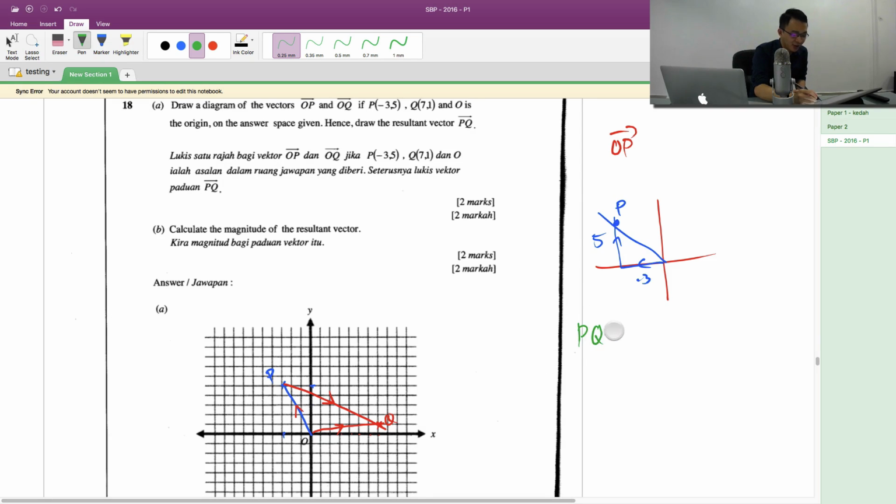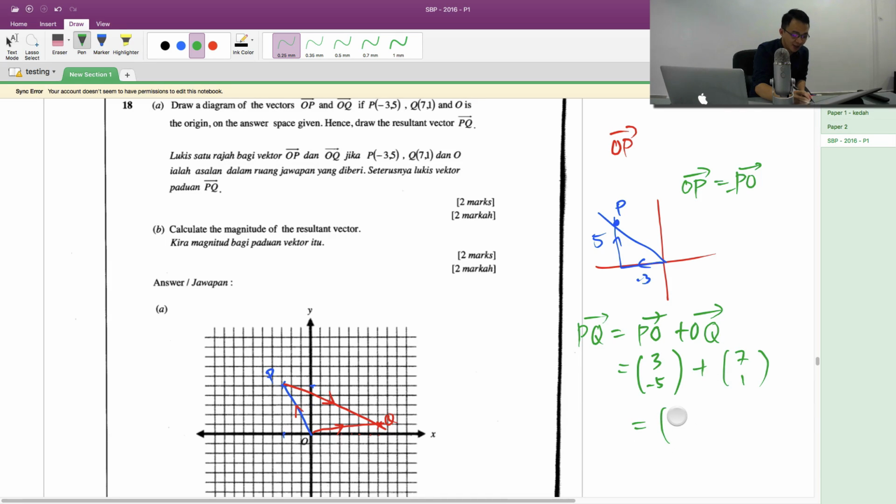Or you can say PQ equals PO plus OQ. So I can use column vectors. PO will be negative, so it will be 5, 3 and negative 5, because OP equals negative PO, right? So plus OQ, which is 7, 1.